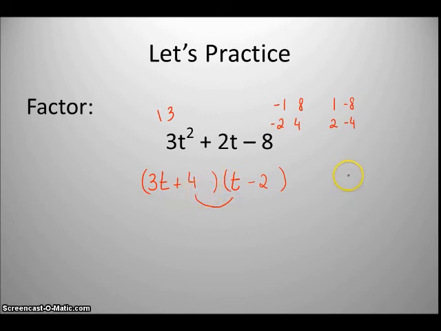Four times t gives me 4t. 3t times negative 2 gives me a negative 6t. Okay, signs are different. I'm going to take the small number from the large number, keep the sign of the large number. So now I have negative 2t. Oh, I'm so close. I needed positive 2t. What could I do to correct that?